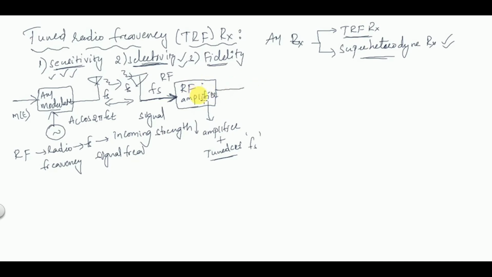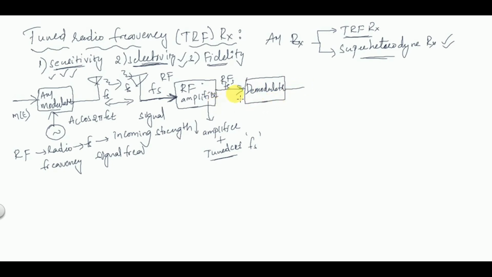Next, after the RF amplifier, the signal frequency is strengthened and the restored amplitude is there in the incoming signal. Now it is given to the demodulator circuit. So what does the demodulator perform?